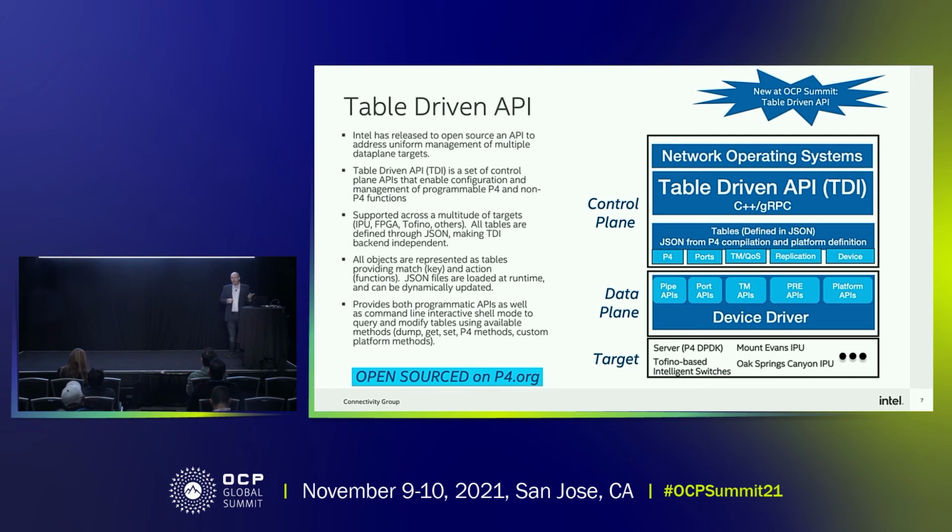We call it the Table-Driven API, or TDI. It's a set of control plane APIs to enable the configuration and management of programmable P4 and non-P4 functions. It's supported across multiple targets: FPGAs, Tofino, IPUs, other targets as well.